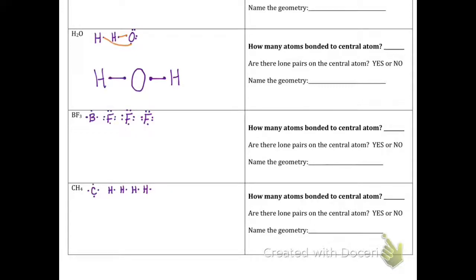Oxygen has some dots here, so that means I need to draw those in right here. So let's answer the questions. There are 2 bonded to our central oxygen. Yes, our oxygen has lone pairs. It has some here and here. So if it's 2 and yes, according to our notes, the shape is bent.